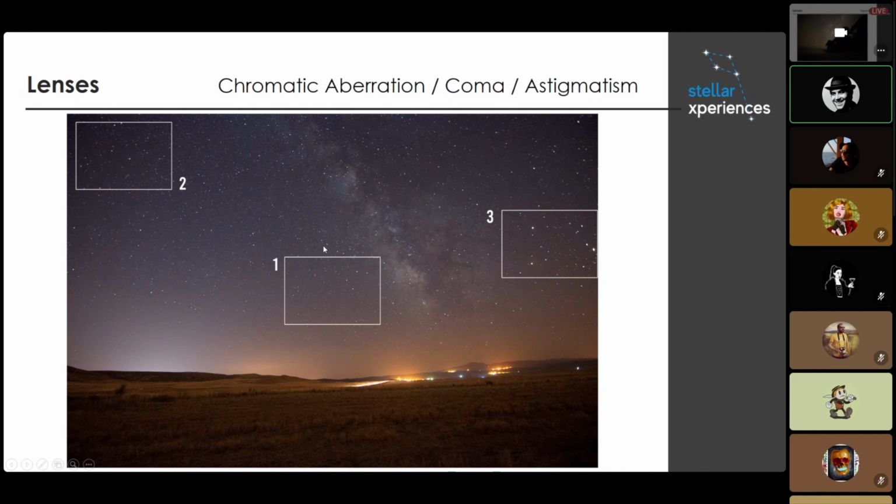We have another saying in astrophotography: pinpoint stars corner to corner, because, like I said, in the first one, in the center, there's no problem. There are always problems at the corners. So we want corner to corner pinpoint stars. So when we are buying a lens, that's something that we really have to be careful of.